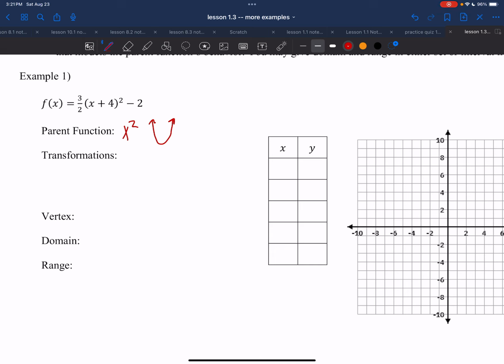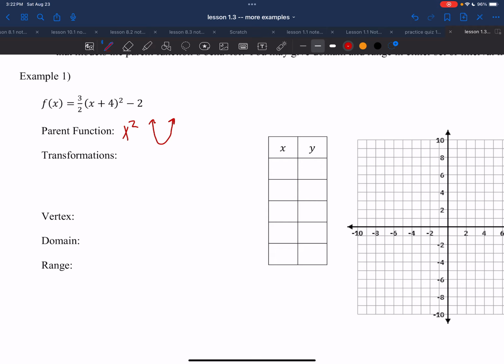And based off the transformations, right, this parabola might get really skinny, it might get really wide, it might move, it might flip upside down, right? So we might do multiple transformations to this parabola, and that's what we're going to see. Now, from class, you should have a one-pager that describes all the transformations.